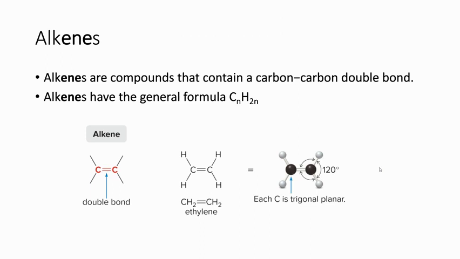So alkenes are compounds that contain a carbon-carbon double bond. They have this general formula, so this is a pattern. However many carbons, we have 2 times that many hydrogens. If that's true, then we have 1 double bond.